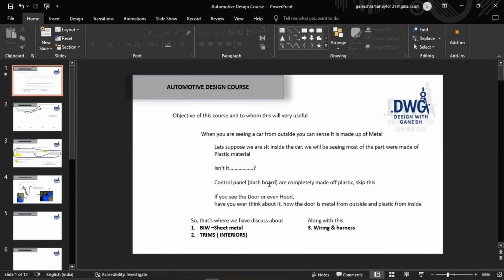If you pull the door off the car, you will see that the outer panel is a sheet metal part and the inner side is plastic. Have you ever thought about how the metal and plastic, with nearly 30 to 40 of thickness, are in contact with each other? We will learn these things in the upcoming sessions.